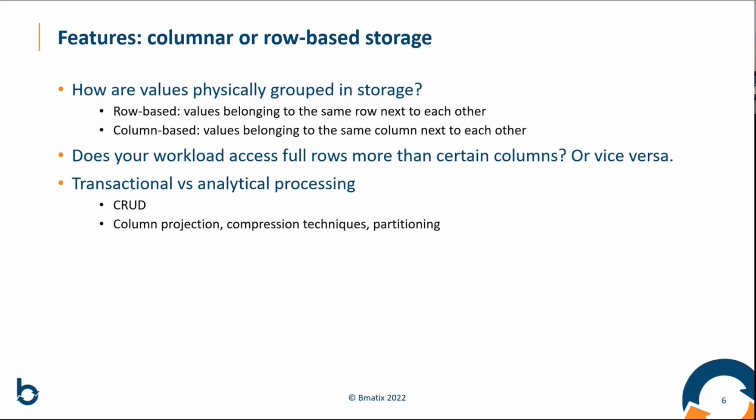This harkens back to more transactional application workloads that quickly create, read, update, and delete certain rows, versus more analytical processing, for example, selecting only certain columns to do analysis on, aggregating them, partitioning them along the columns. Then you want to use a columnar storage-based format.